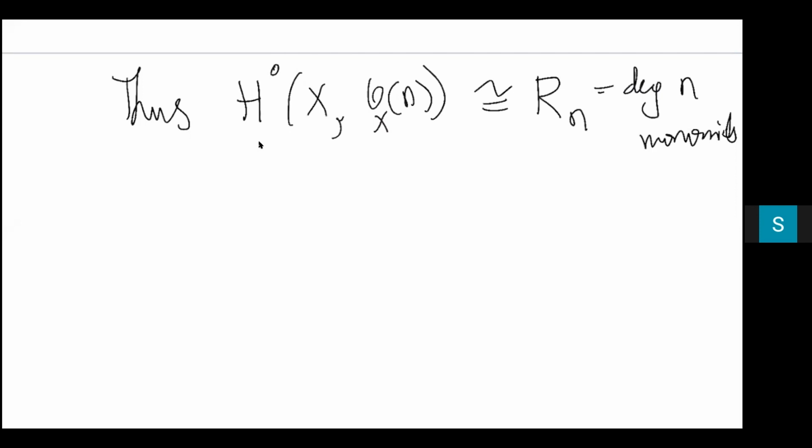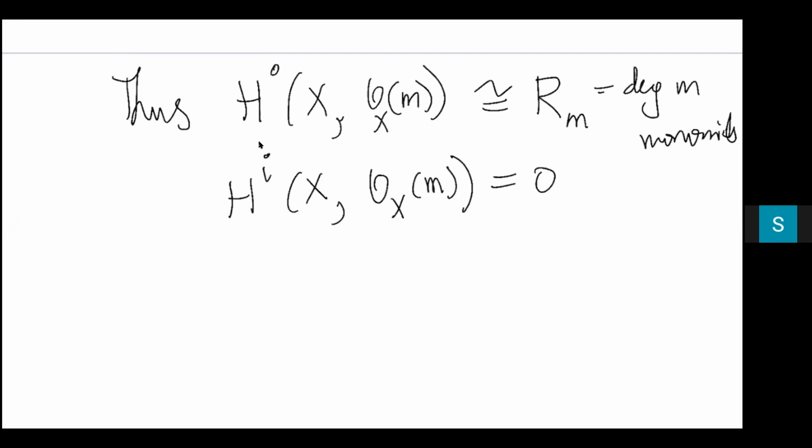And then this is H^0, then H^1, and in fact H^i(X, O_X(m)) is 0 for i between 0 and n.